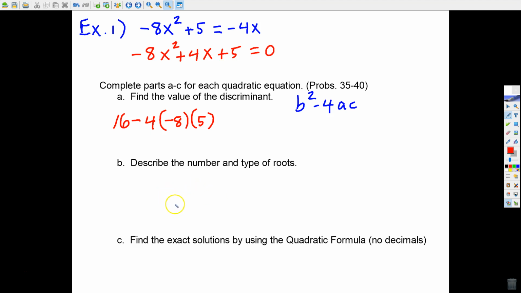All right, so let's plug into our calculator. 16 minus negative 32 times 5, negative 160. So the value, the answer for part A, the value of the discriminant is 176. So that's answer part A.